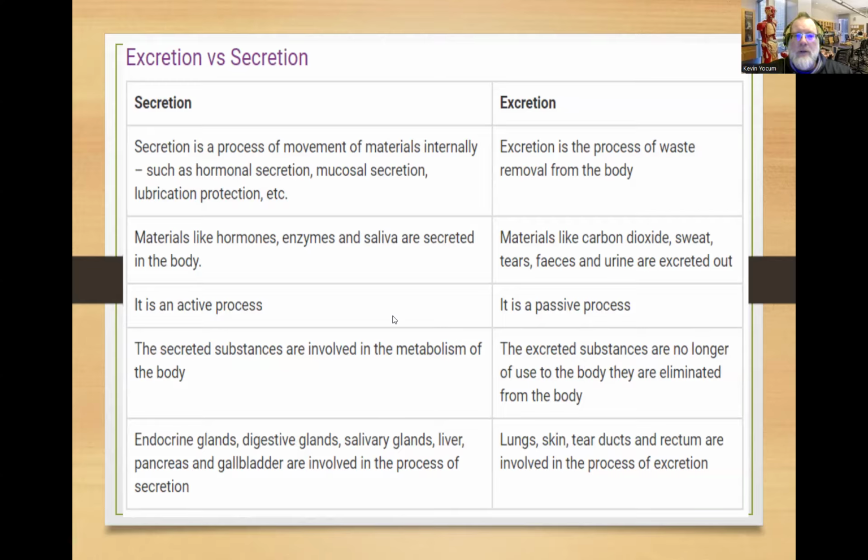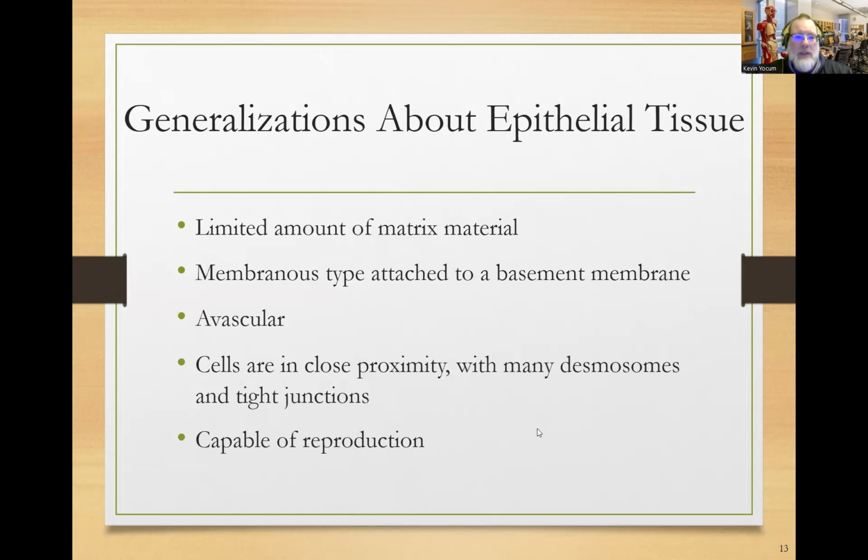These are all going to be pumping out secretions. Excreting is again waste removal: carbon dioxide, sweat, tears, feces, urine. This is more of a passive process. So the lungs are excreting carbon dioxide, and the skin is excreting sweat that's taking waste products away. So excretions versus secretions. All right.